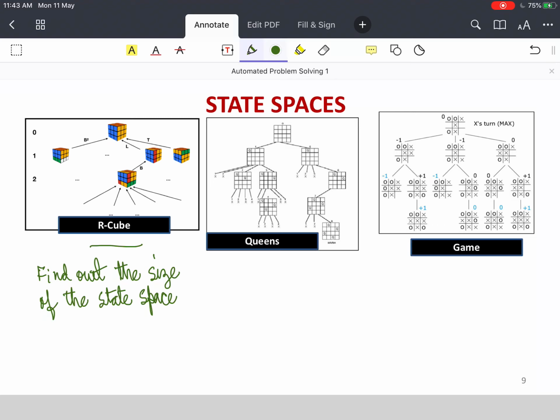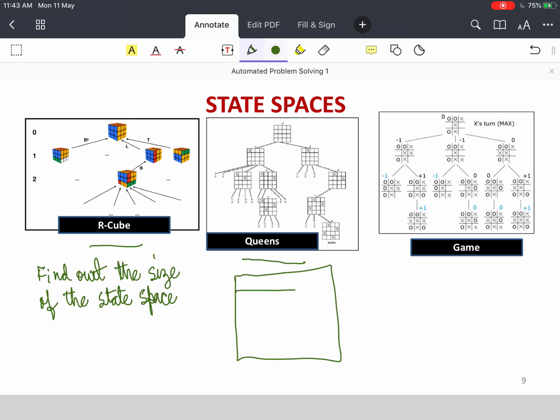You will notice that this is a huge state space of various moves that can be done, because at a particular state there are several moves that you can make in terms of turning some vertical or horizontal or in some direction.